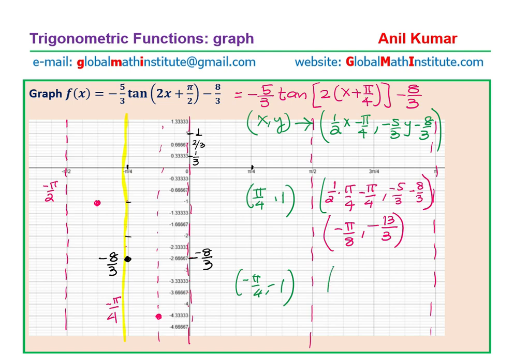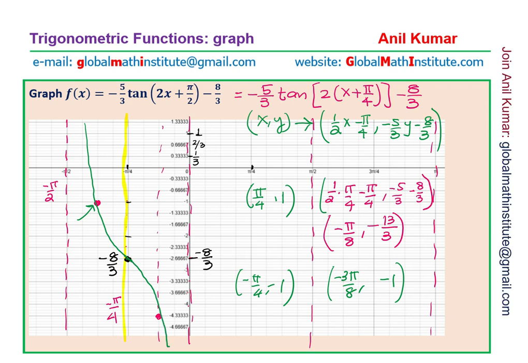So when you calculate, this point will be at minus 3 pi by 8, and the value is minus 1, correct? Which is the point right here. And you can connect these graphs, imagine, because this is the center point, and it will go like this. Does it make sense to you?